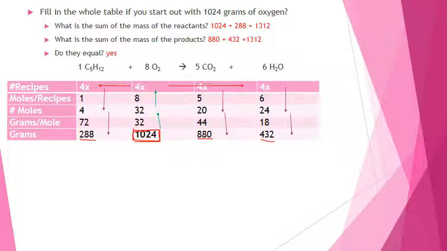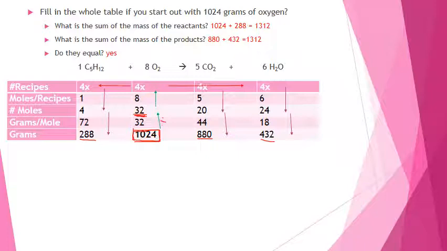So I take 1024 and divide it up into groups of 32, and it ends up being 32. Okay. So the reason why both of these are 32 is because this number divided by 32 gives me 32. So 1024 grams is the same thing as 32 moles of oxygen.